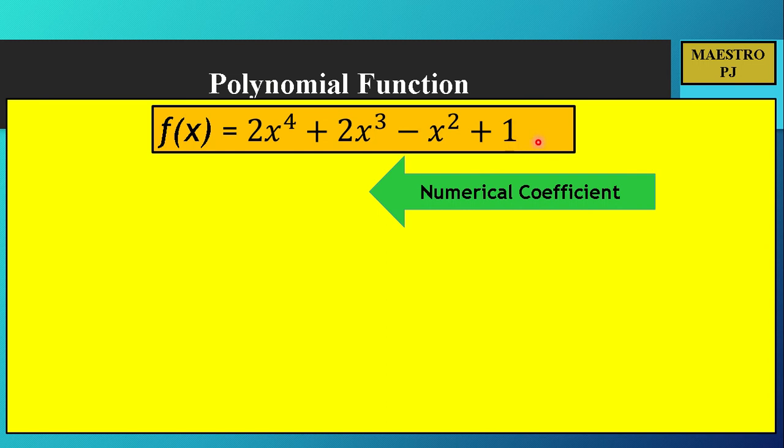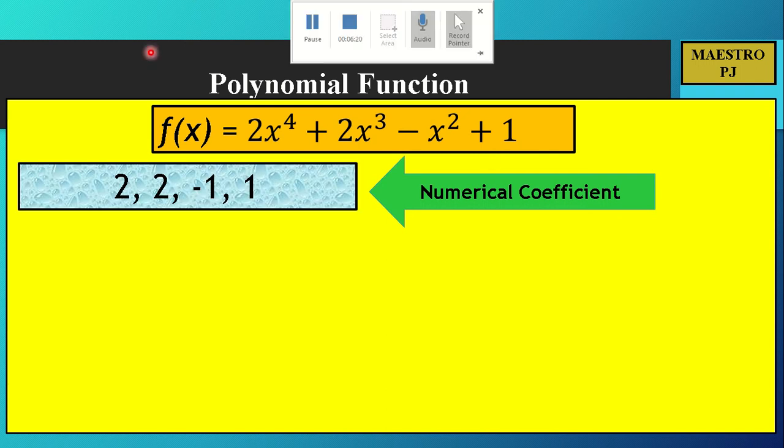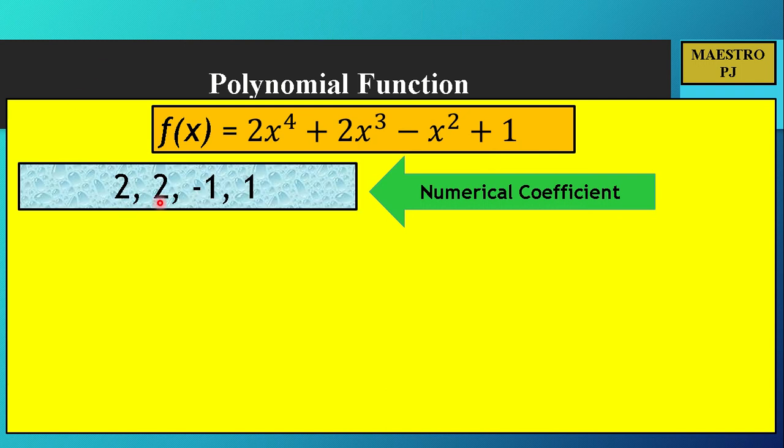This last one is what we call the constant term. It is usually at the end and it is just a number, with no variable. So the numerical coefficients in this polynomial function are 2, 2, negative 1, and the constant term which is positive 1. Next, what is our leading term?